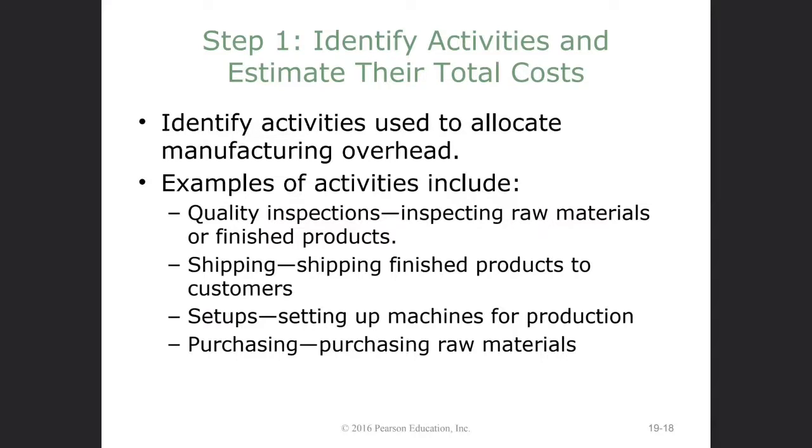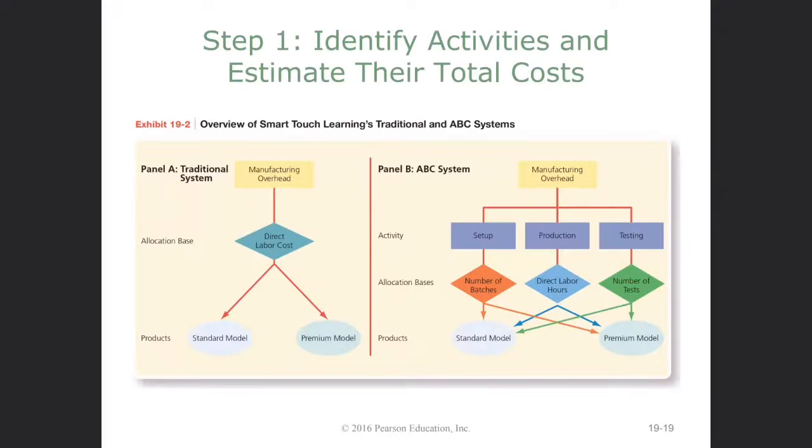Examples of those activities include quality inspections, which are inspecting raw materials or finished products, shipping, so shipping finished products to customers, setting up machines for production, and purchasing raw materials. So identifying activities and estimating their total cost.